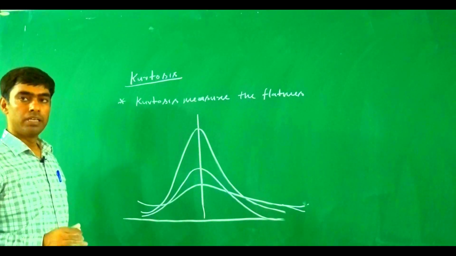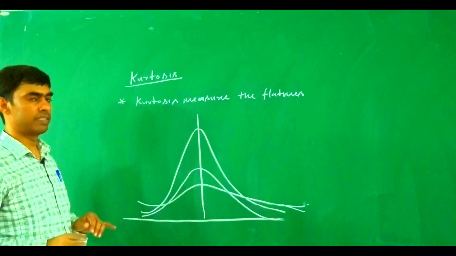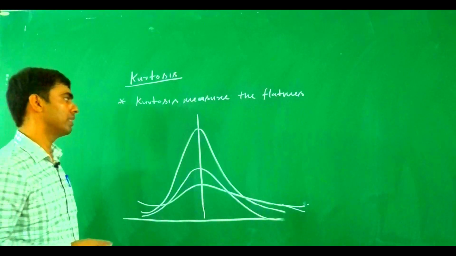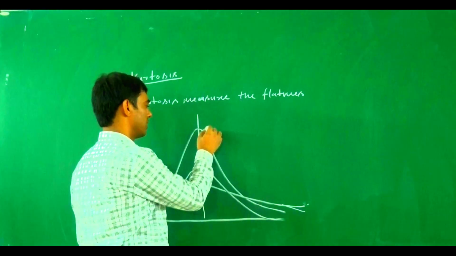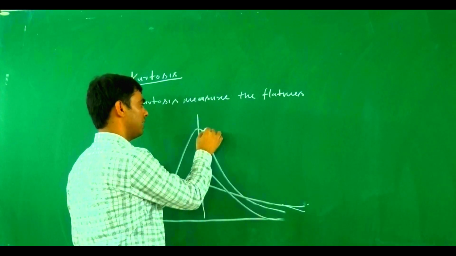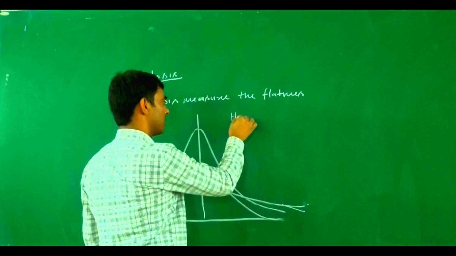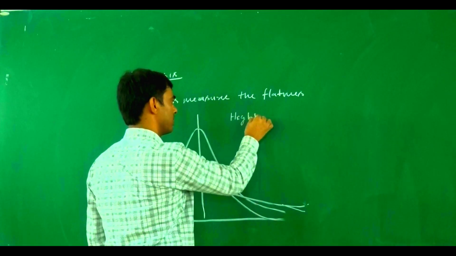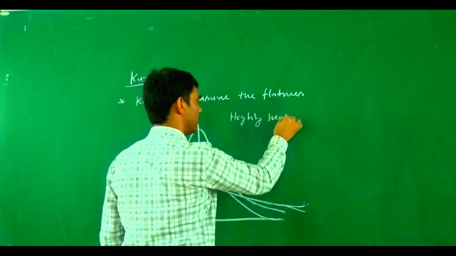So on the basis of peakedness, Pearson divided them. This one is called a highly peaked curve.